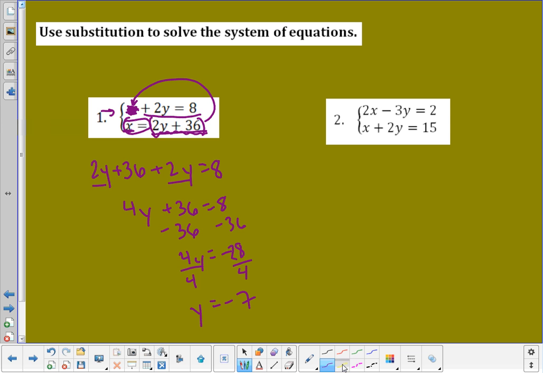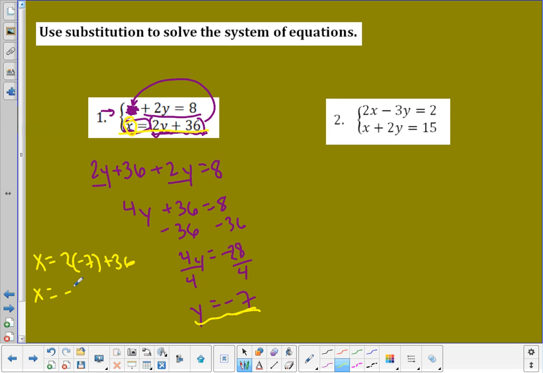Now, this is only part of our solution, and we know that from graphing and from using elimination. There's two parts to the solution. I need to go back and get the x variable. So I'm going to plug this y value into my original bottom equation because I already have x alone. So all I'll have to do is simplify. So I'm going to have x equals 2 times negative 7 plus 36.